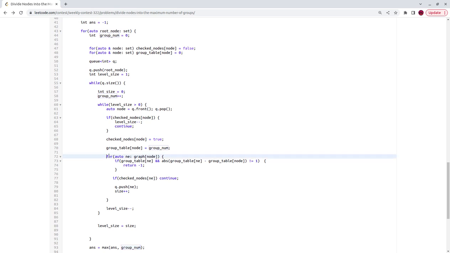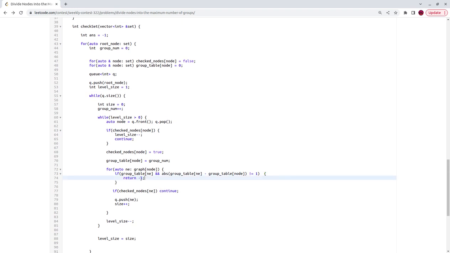And as we said, for every node we need to check if the visited neighbor node has a group value whose difference is not equal to 1, we need to return our answer, which is -1.